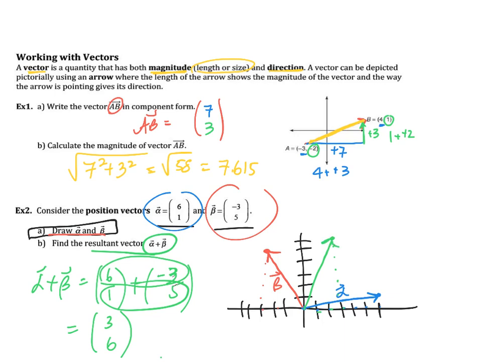So here is my resultant vector, alpha plus beta. Now what might you notice? You might notice that when we get to the end of alpha, I could then add beta to it. So it would be right here. And so alpha plus beta results in this green vector from here to here.